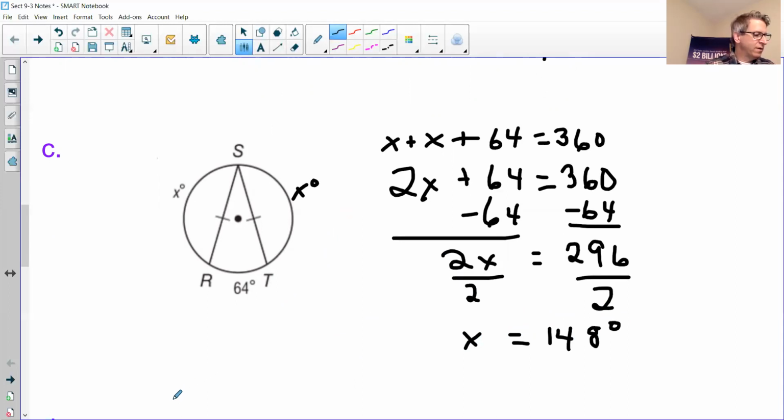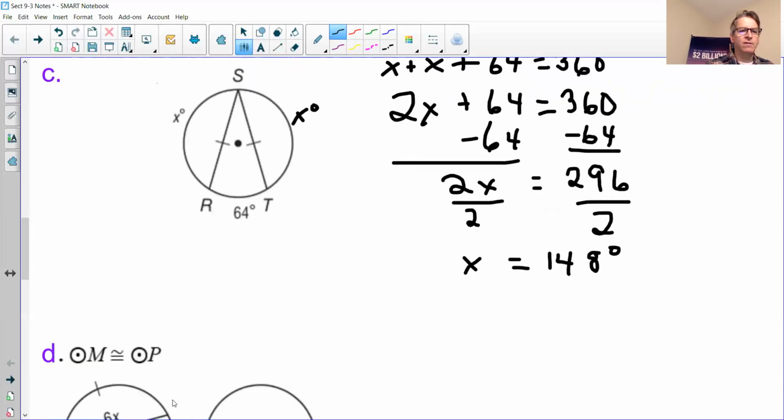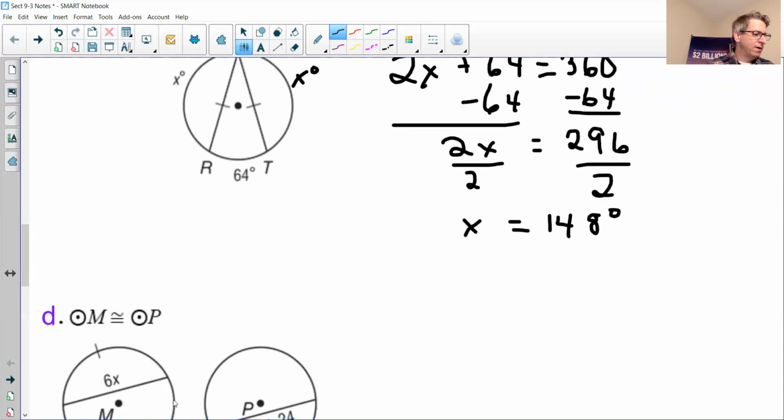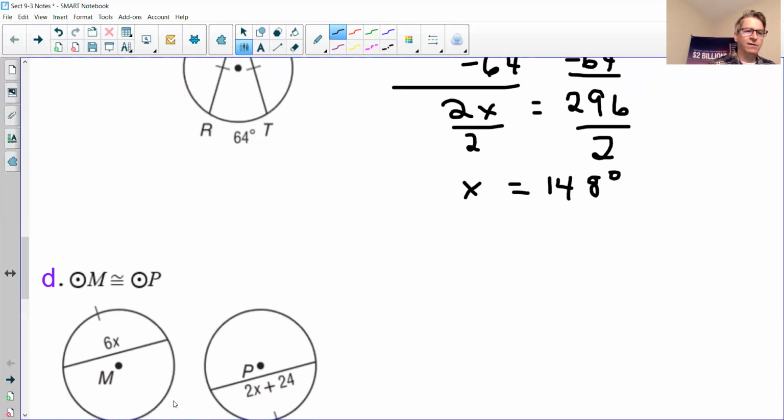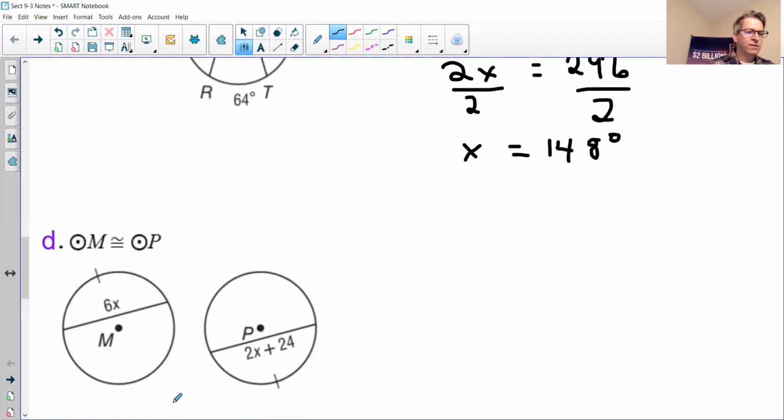Letter D, circle M is congruent to circle P, and we're asked to find what x is. So again, if they're congruent to each other, this arc here is congruent to this arc, and we're given that this chord is 2x plus 24. That tells us that 2x plus 24 has got to equal the chord on this circle, which would be 6x.